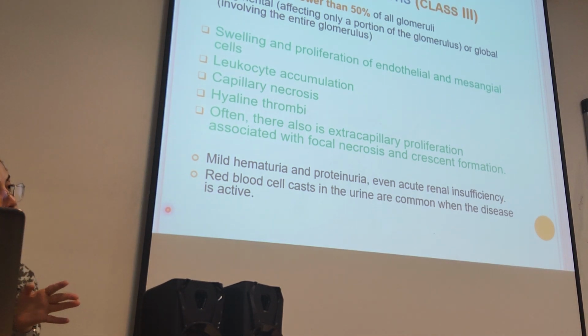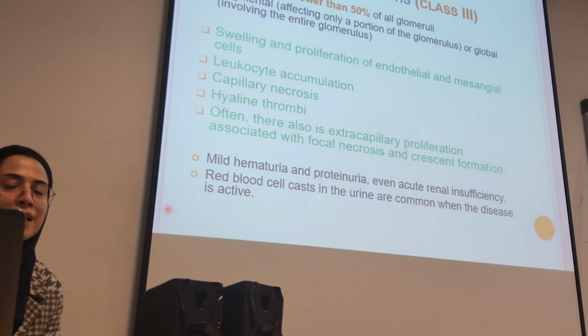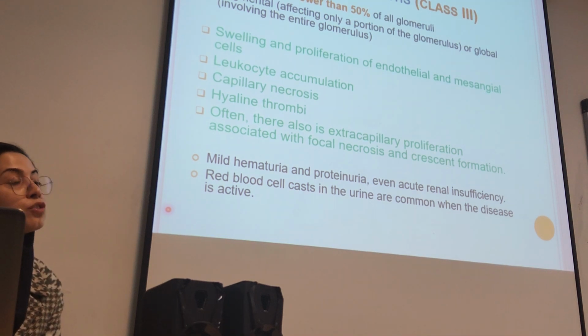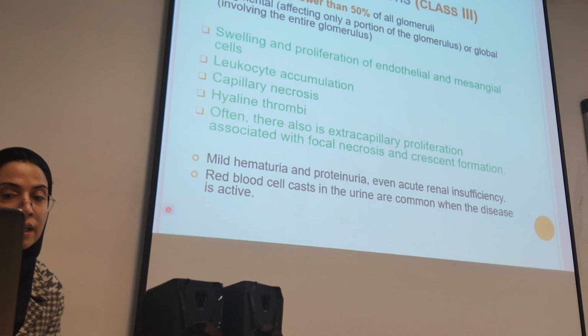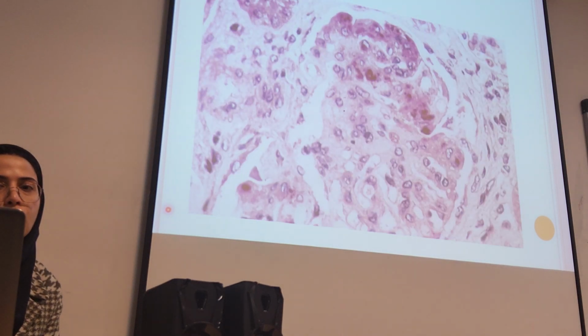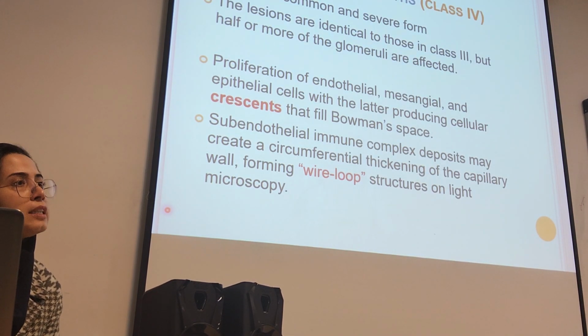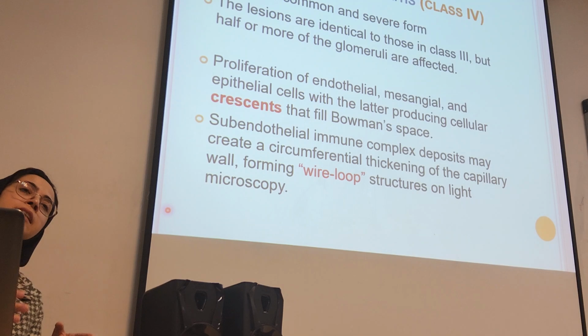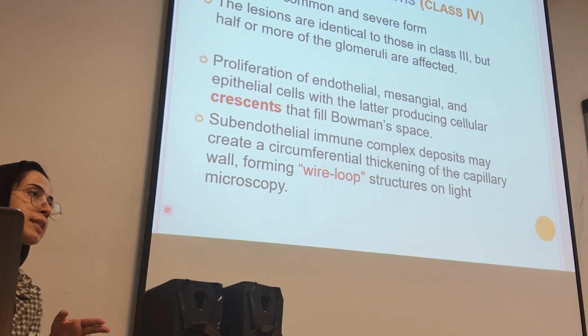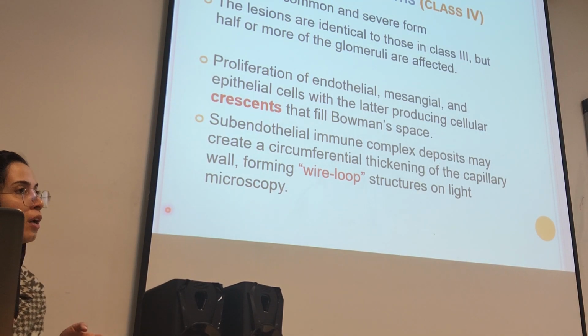We have proliferation of endothelial cells. Class 3 is focal, but class 4 is diffuse. It means that it involves more than 50% of glomeruli.